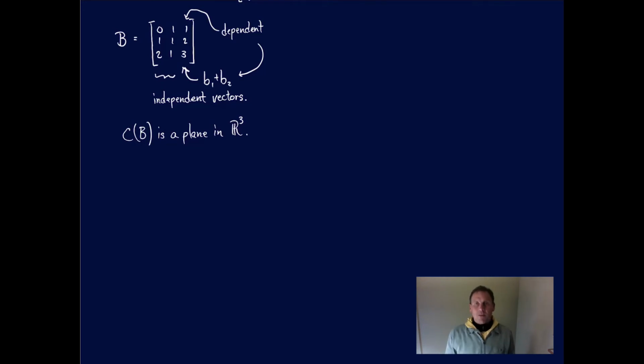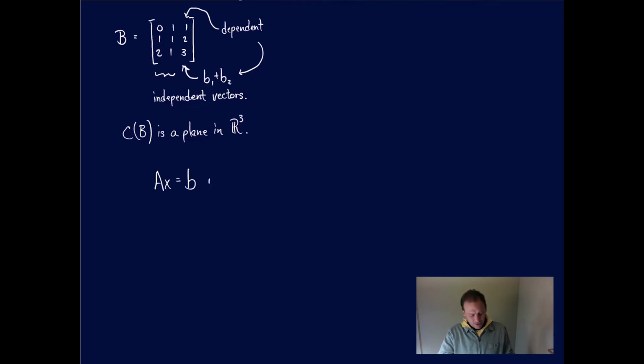Now, another way to look at this: we said it's all linear combinations. Another way is to look at the matrix equation, Ax equals b in general. So consider Ax equals b. That's the matrix equation.